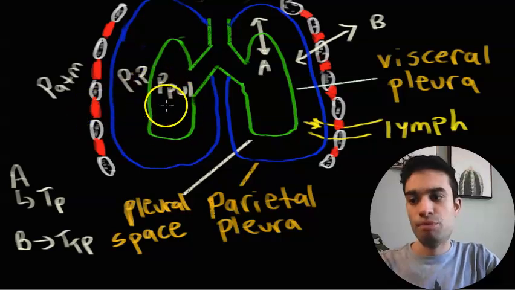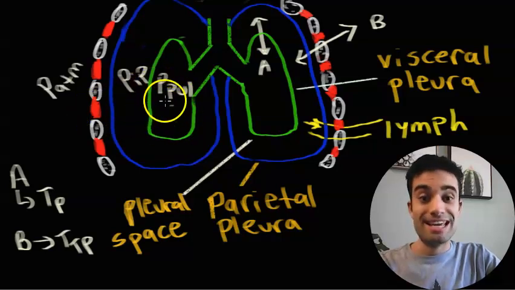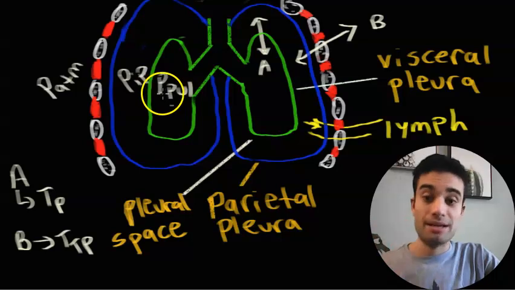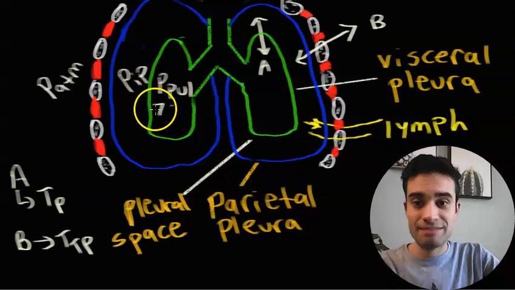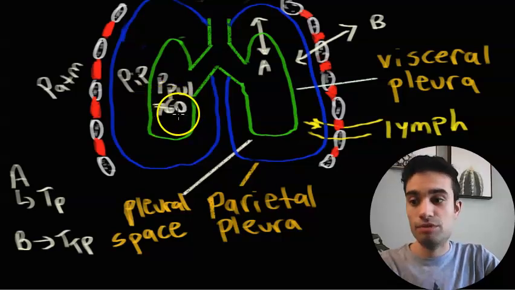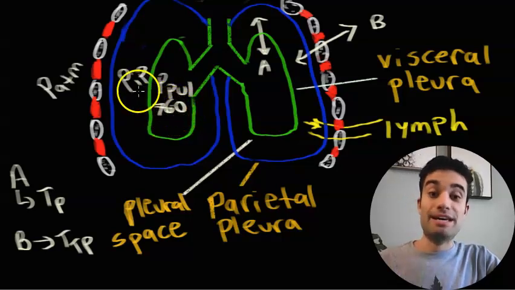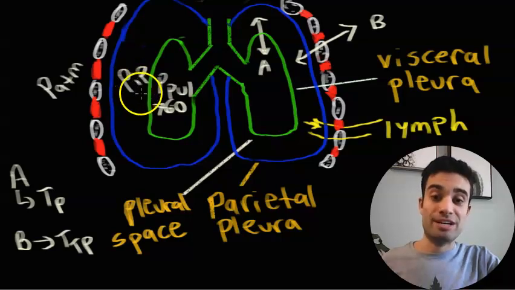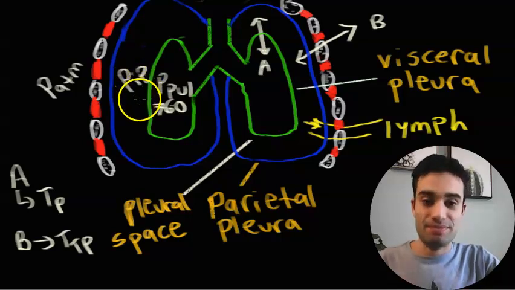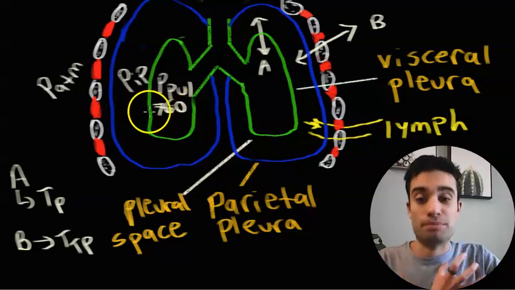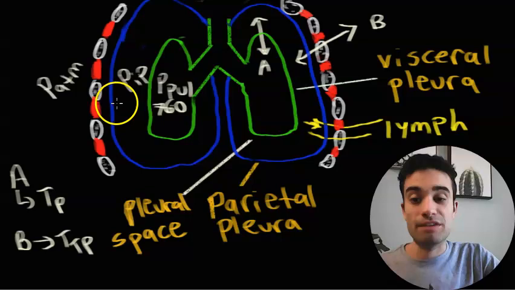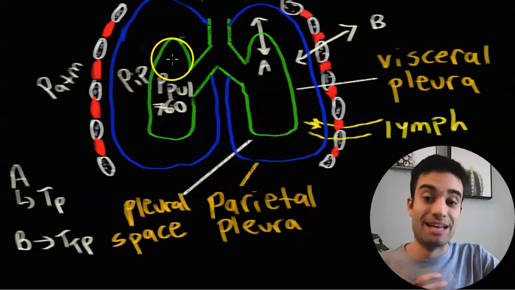Normally the pulmonary pressure is approximately the same as the atmospheric pressure, so it's approximately 760 millimeters of mercury. Now the intrapleural pressure is actually negative relative to atmospheric pressure. It's around -4, or 4 less than the atmospheric.